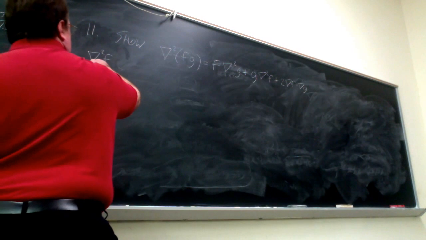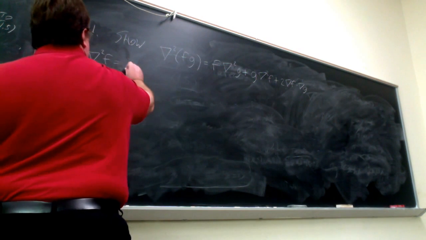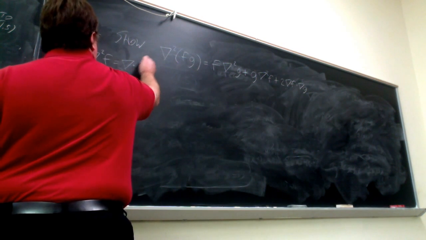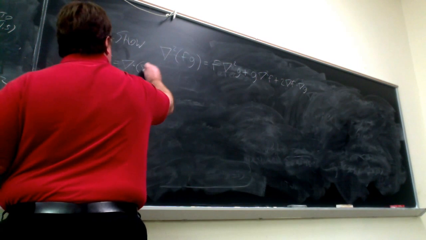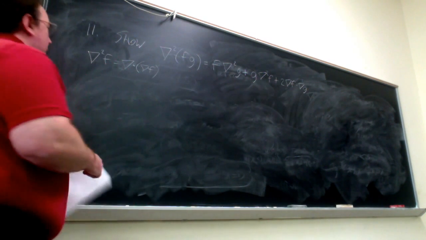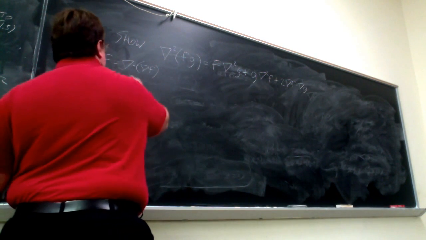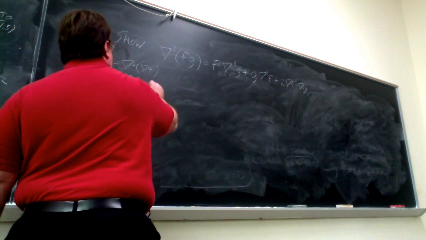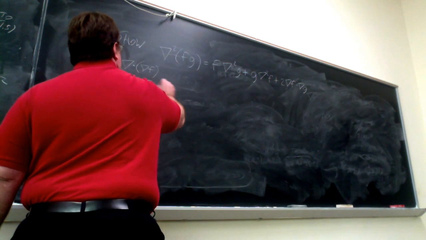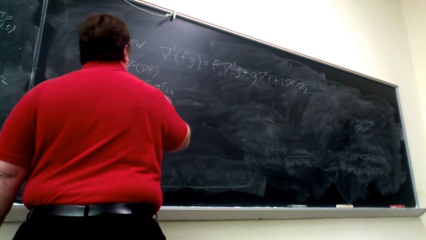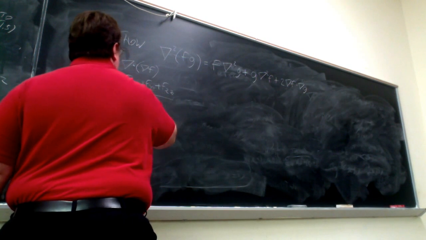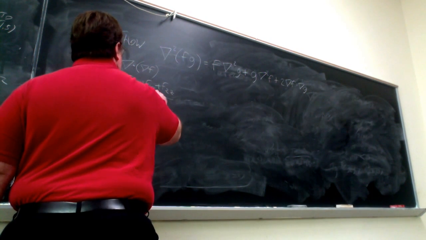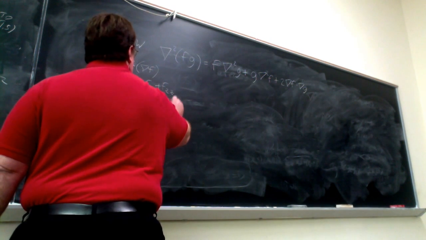this what looks like a gradient squared of f is really the divergence of a gradient of f, which is the same as fxx plus fyy plus fzz. We've seen this before. This is called the Laplacian of f.